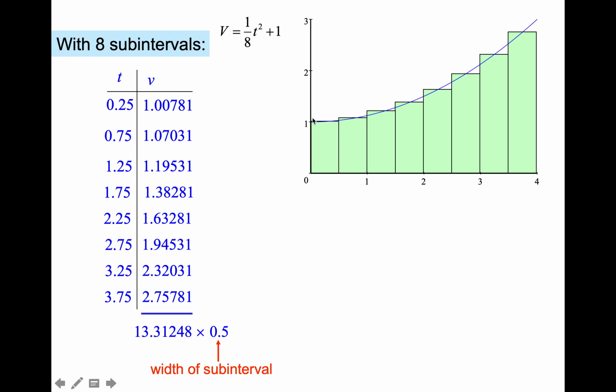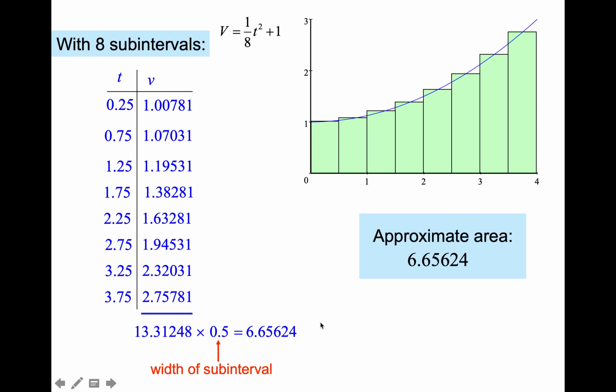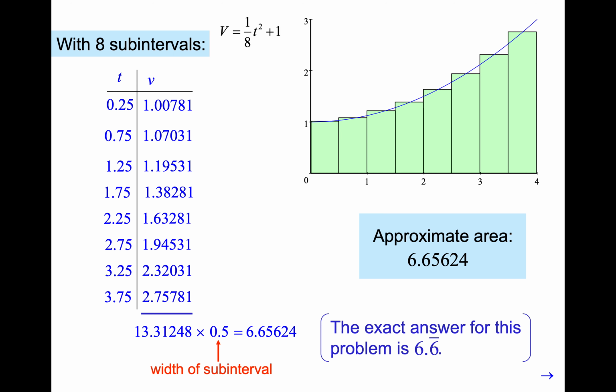These are all just the heights. So you add them all up and then multiply by the width of the subinterval. When you do that, we get this answer. That's the approximate area under the curve. And we're getting closer to the actual area, which we'll learn how to do later when we have functions. The exact answer for this problem would be 6.6 repeating.